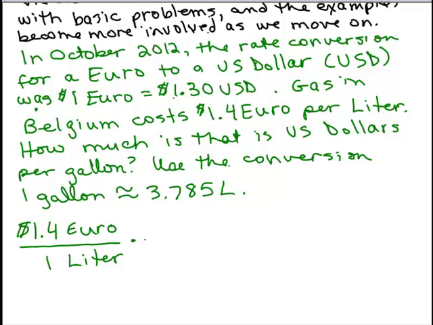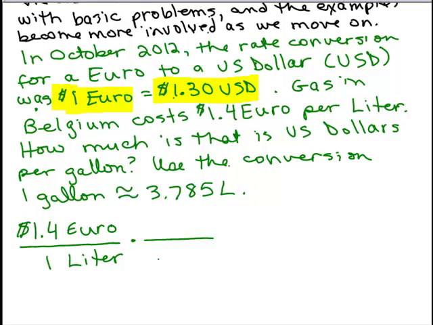Now I want to multiply it by some fraction that equals 1, so that the liters could cancel out or the euros could cancel out. Because I want US dollars in the numerator, since I want US dollars per gallon, and gallons in the denominator, let's do the money part first. If we look up here, we see 1 euro is the same thing as $1.30 US.